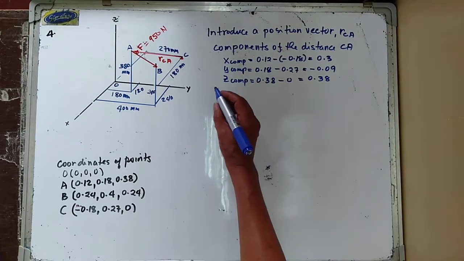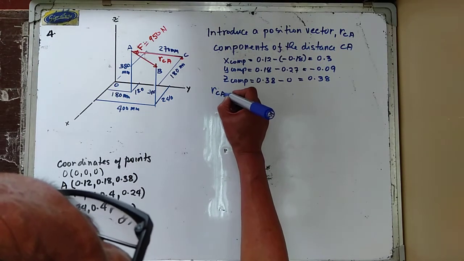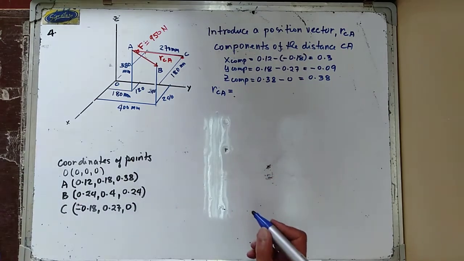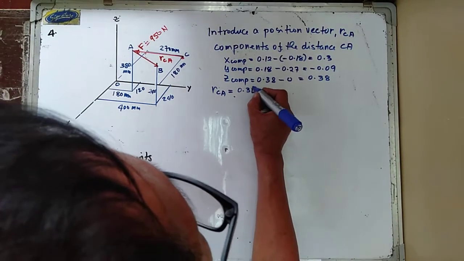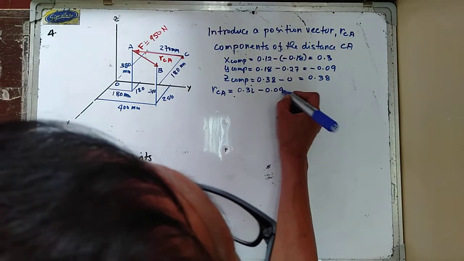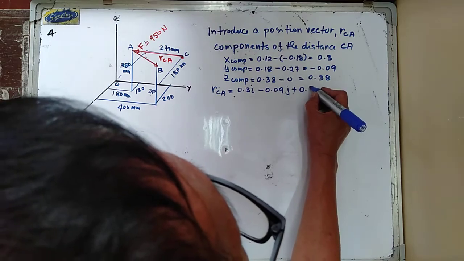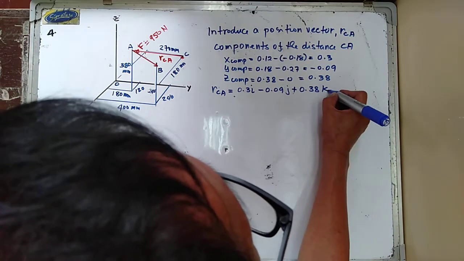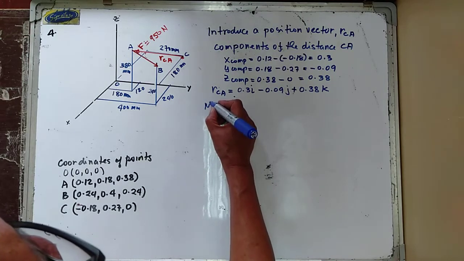Hence, the position vector RCA is now equal to 0.3i minus 0.09j plus 0.38k.